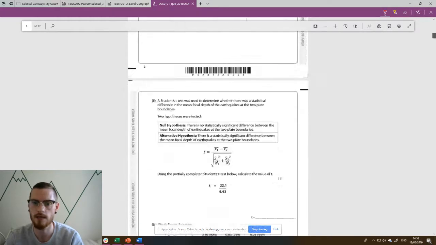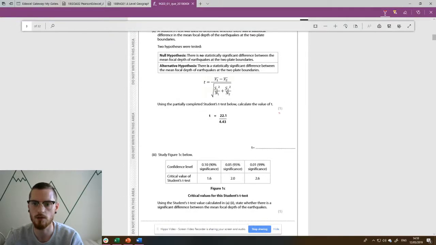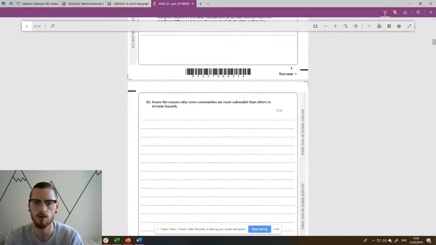And then we keep moving in tectonics, and we go into 2 1-markers. So we've got very low tariff mark questions at the beginning, and then we'll always go into this 12-marker, which will be an assess question. I'm going to come into assess later on in my walkthrough.